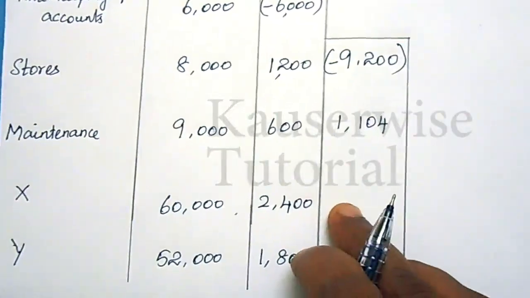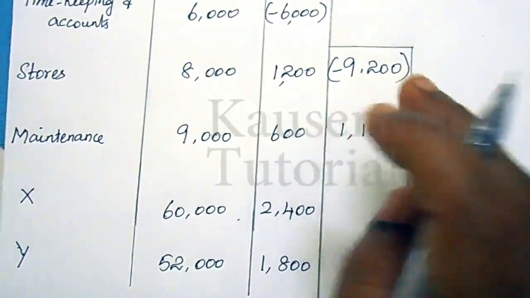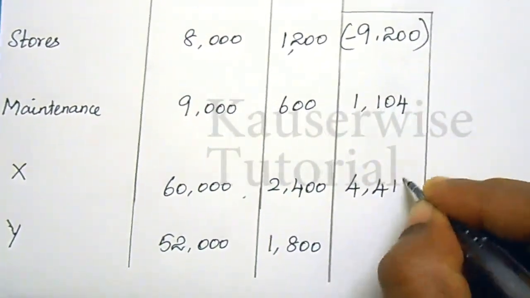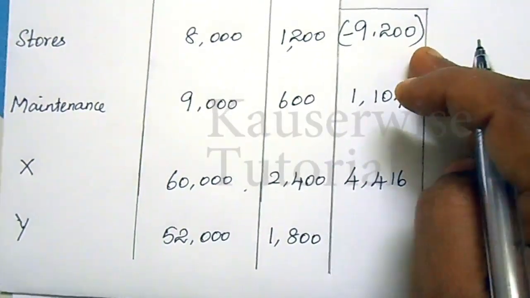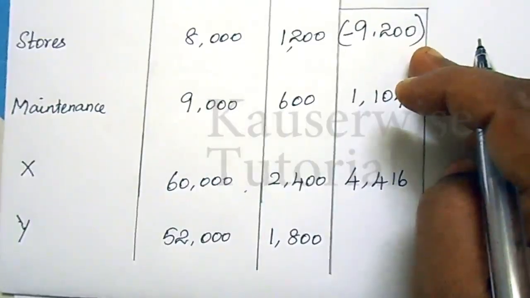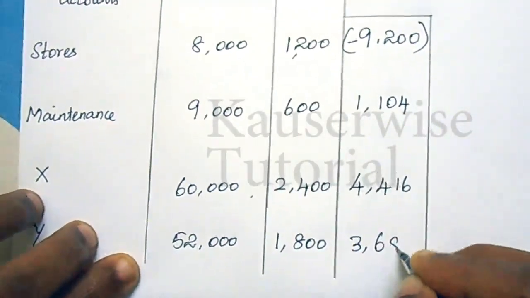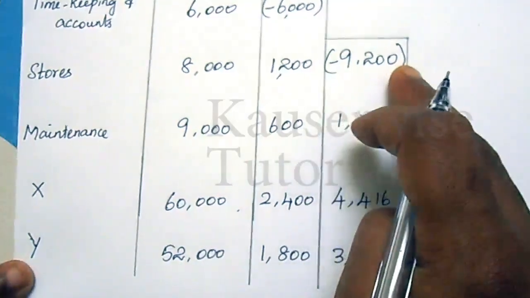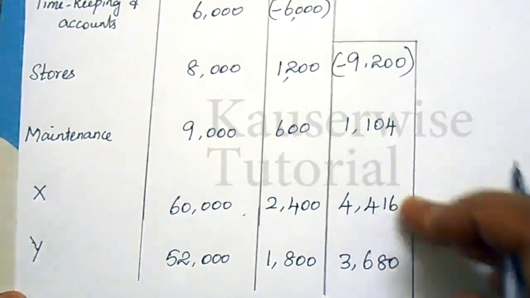For X, 9,200 into 24 divided by 50, 4,416. The last one, 9,200 into 20 divided by 50, 3,680. So the stores department total overheads are redistributed to 1 service department and 2 production departments.